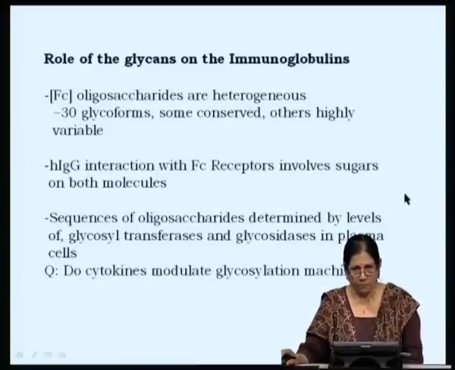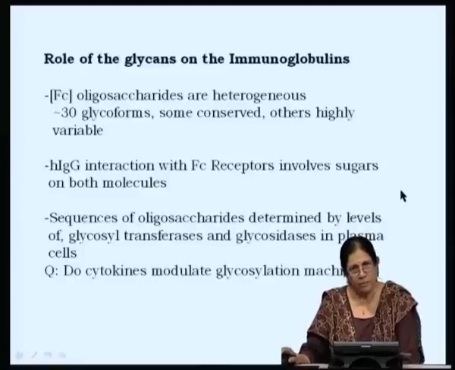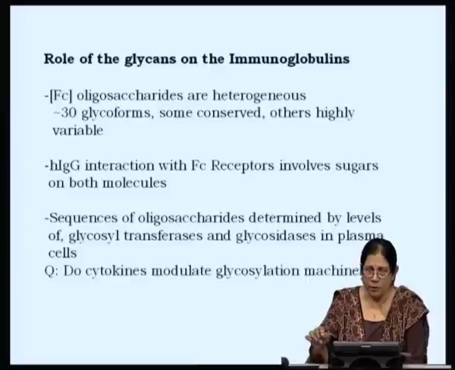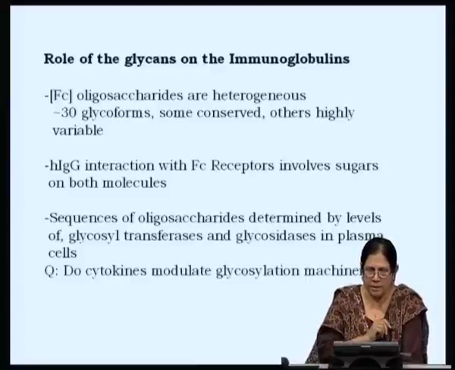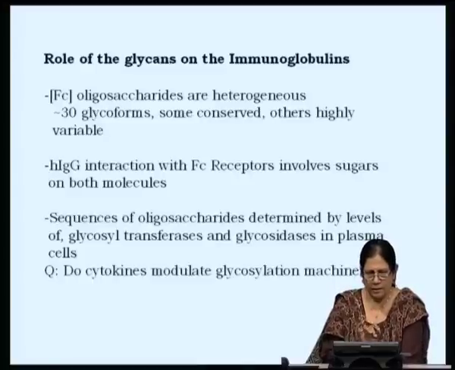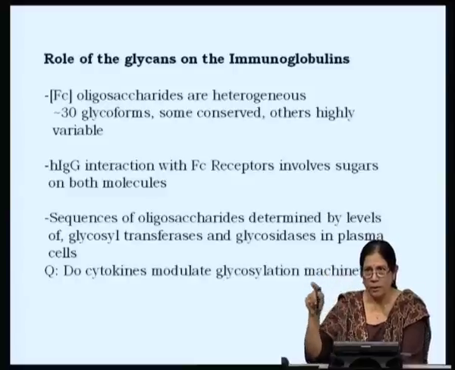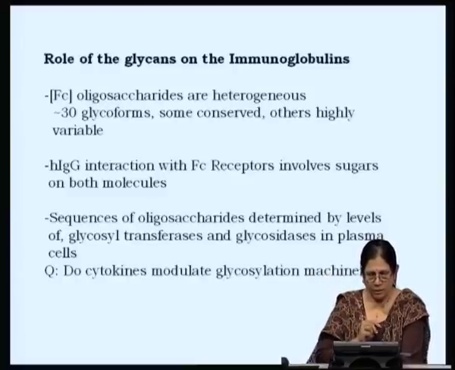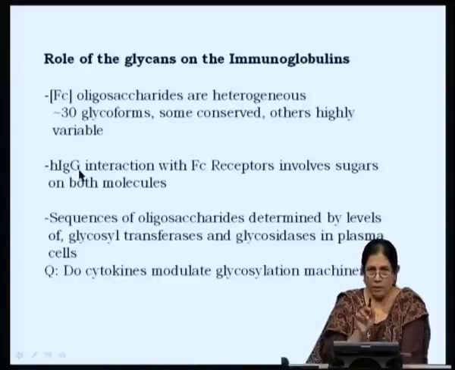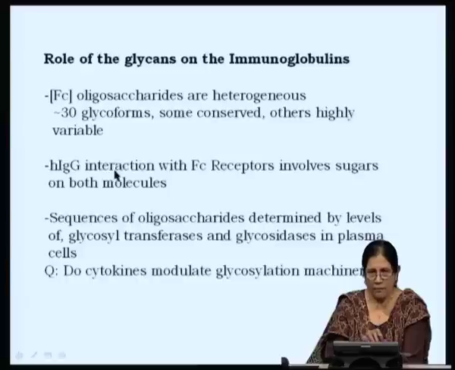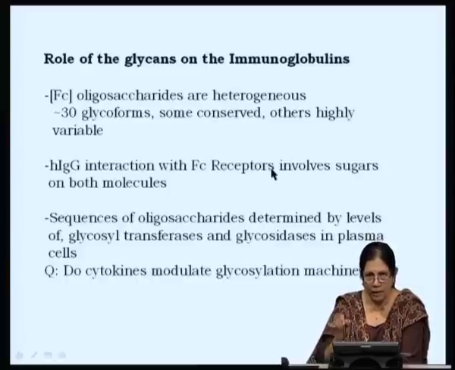The importance of these sugars has become known now as glycobiologists have started looking at the glycans, and I would like to just mention here that there are about 30 different glycoforms of immunoglobulins, and some of these glycoforms are conserved, others are highly variable. These glycan chains, which I told you are present on the Fc region, the CH2 region of the Fc region, are very important for the immunoglobulin to bind to the Fc receptors.